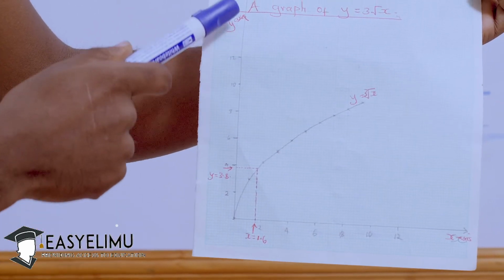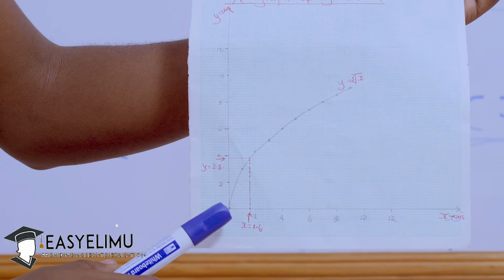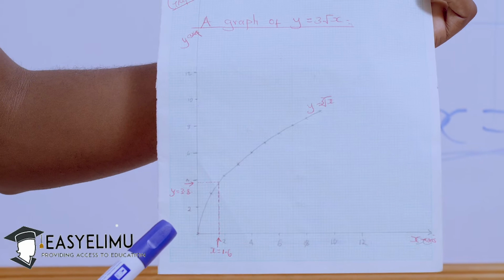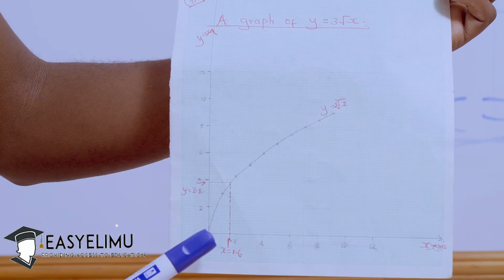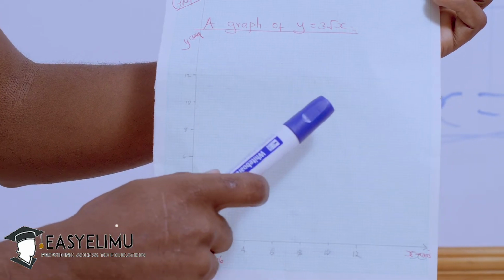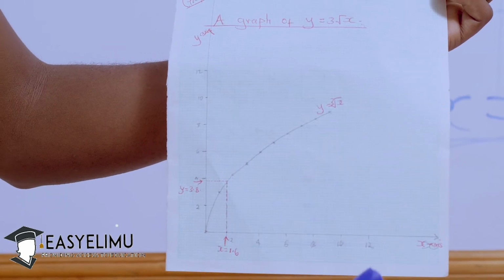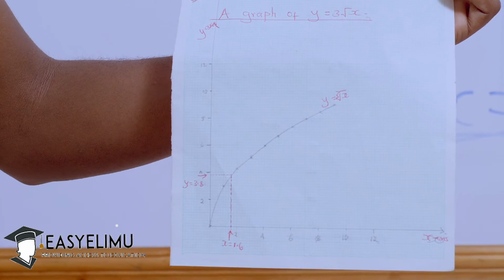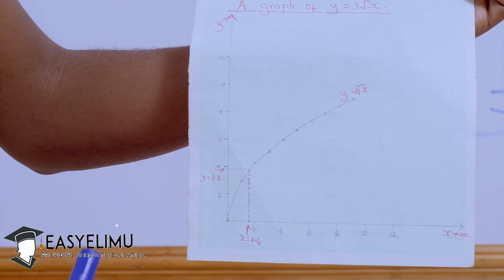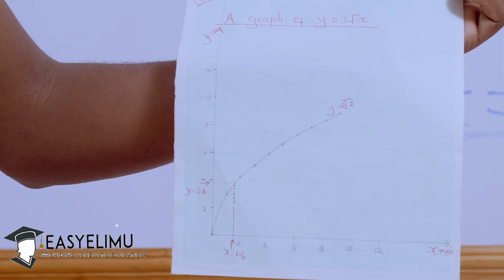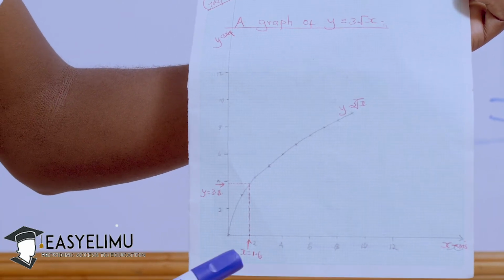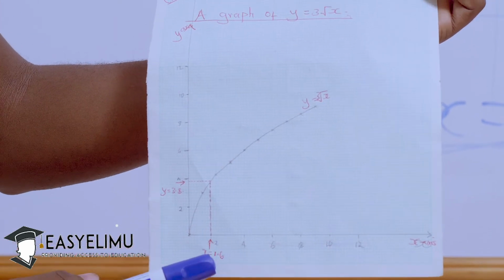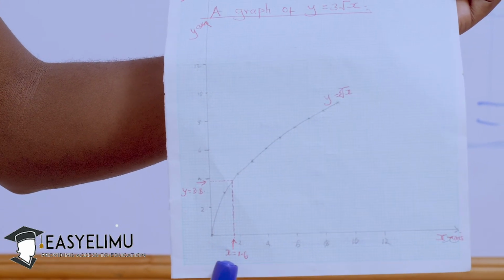So what we are going to have, that graph will be originating from the origin, which is 0, 0, as per the points which you will have, and then from there you will find it curves as it moves upside. So after drawing using the points which we have given out for the respective values of x, if you want to find x equals 1.6 and find the value of y, then you will evaluate where x equals 1.6, and for my case was here, as you can see.